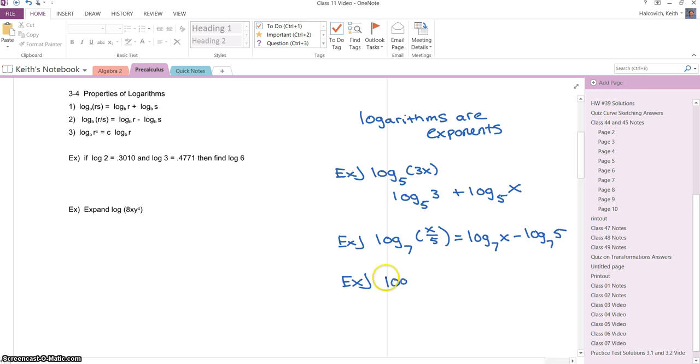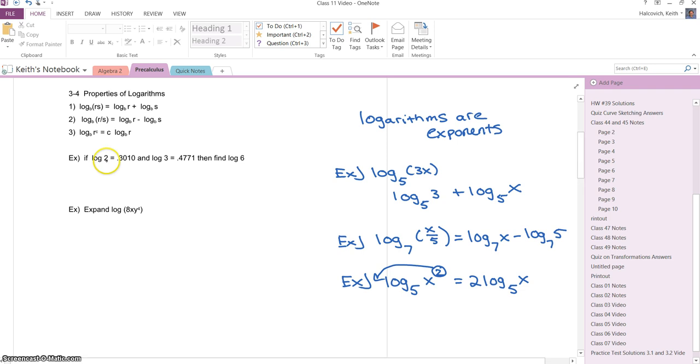So for example, log base 5 of x squared can become 2 times log base 5 of x. So you take this exponent and you roll it to the front. Those are the three properties of logarithms that we're going to use to help us eventually solve logarithmic equations.